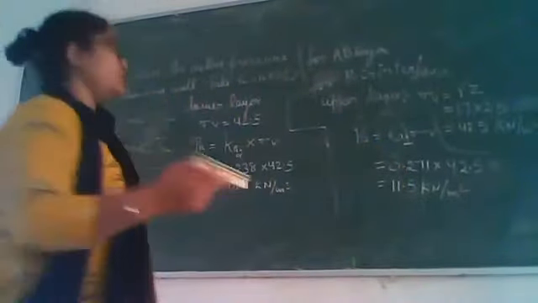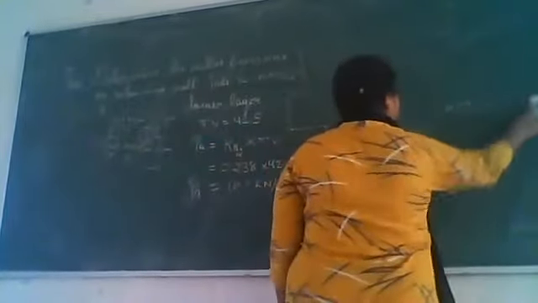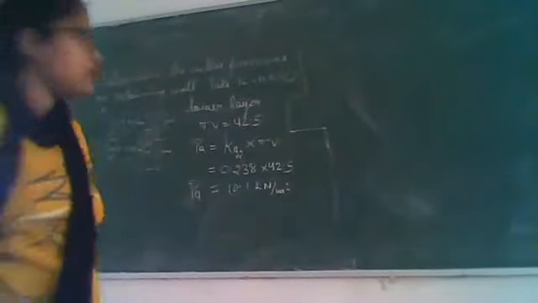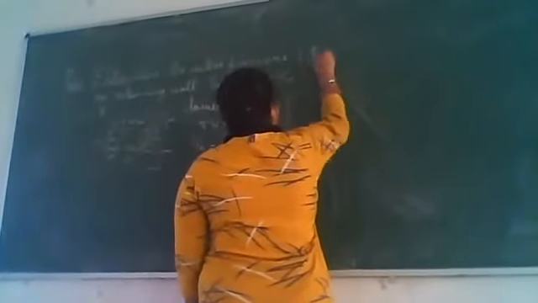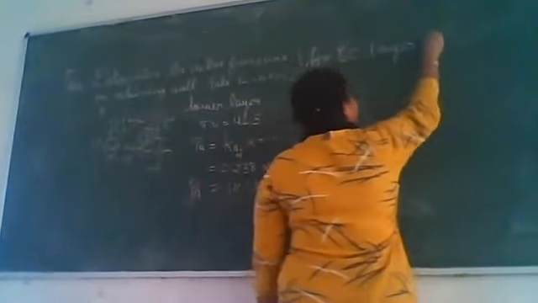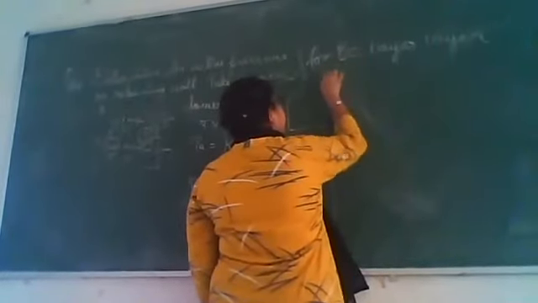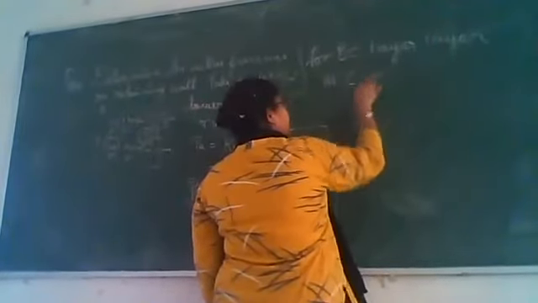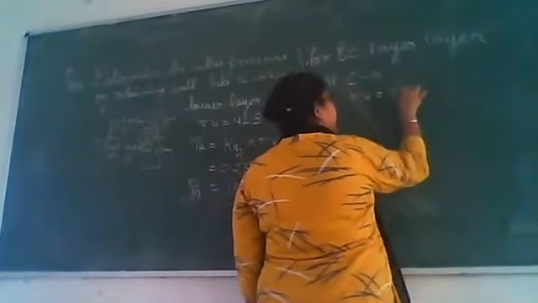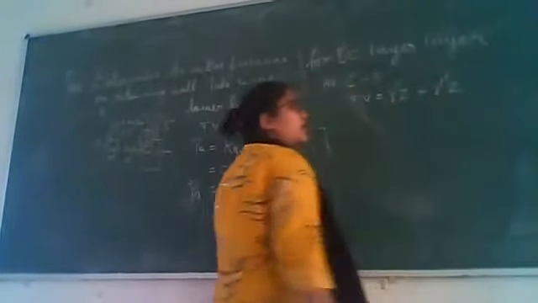Next, what we have to calculate is for the BC layer. Then at C, sigma V equals gamma Z plus gamma dash Z. Why this gamma dash Z?